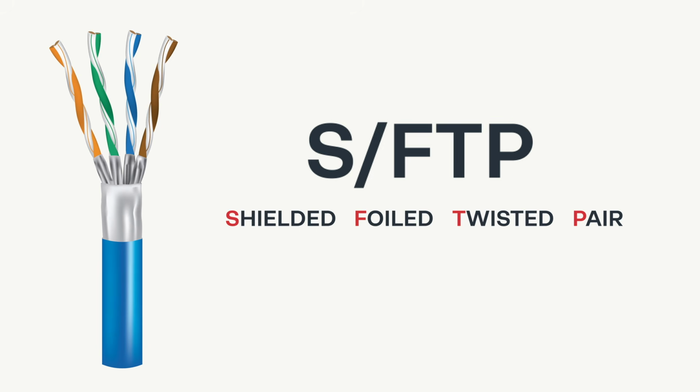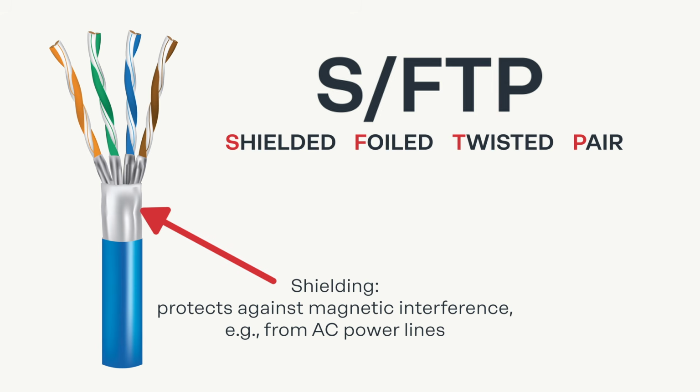Our recommendation is to always use a minimum Cat 6 standard with the recommendation of a shielded, foiled, twisted pair cable. So this is what you see in the parameters of the cables. It is called SFTP cable. And this is our recommendation since this shielding can be used to avoid magnetic fields coming from an AC power line, for example.